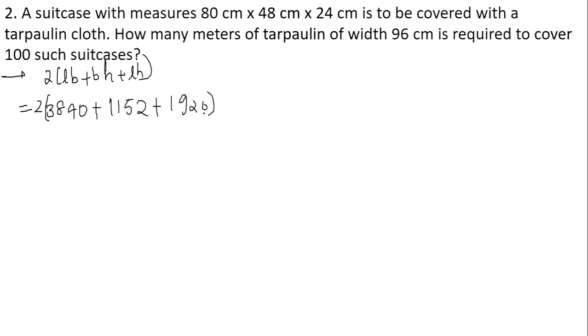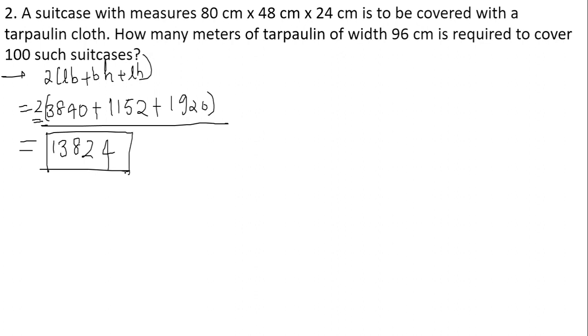So the summation of all this is 6912, and 6912 into 2 will give us 13824. So I got the total surface area of the suitcase box, that is 13,824 centimeters square. Now what I need here is the area of the tarpaulin cloth, because the area of the tarpaulin cloth is going to be the surface area of the suitcase.